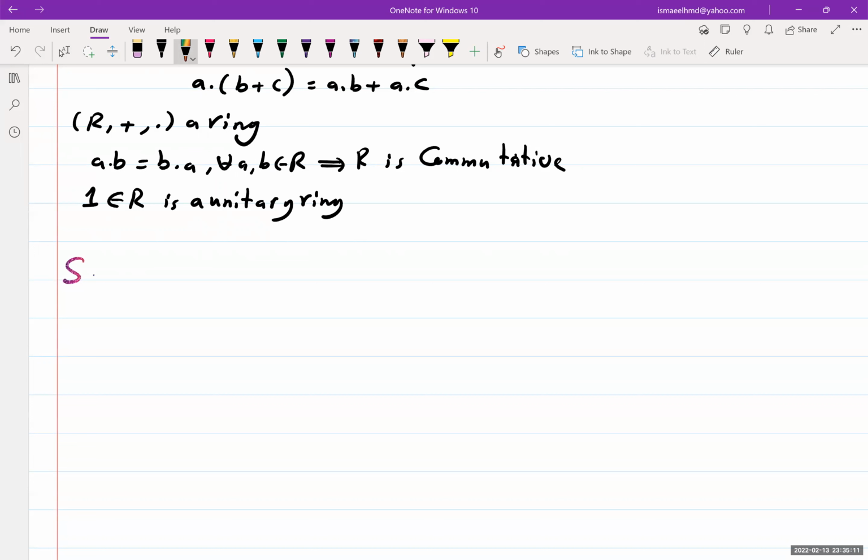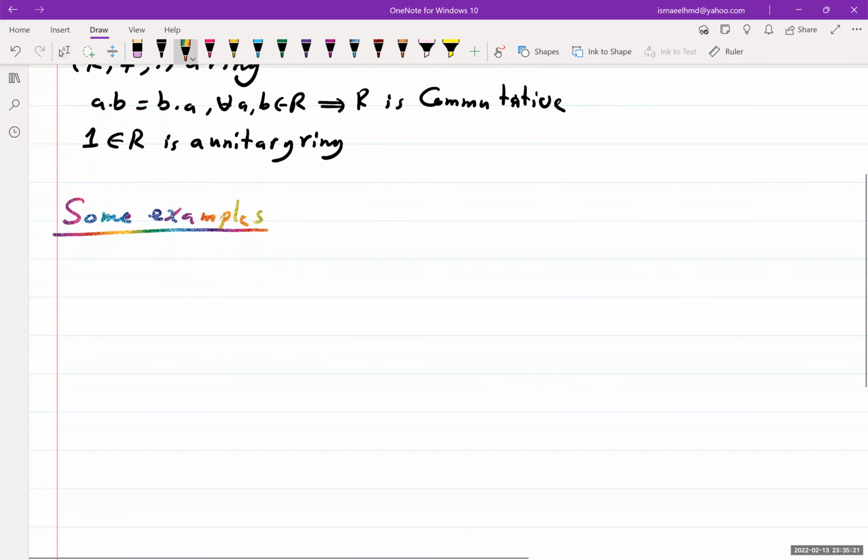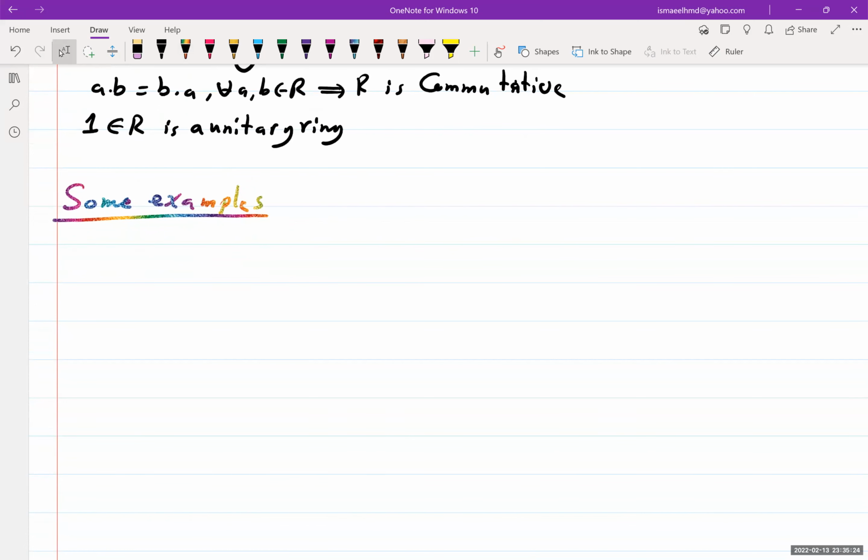Now we give some examples about rings. Of course, Z, the set of integers, Q, the field of rationals, the field of real numbers, and the field of complex numbers are rings, and commutative rings with identity.